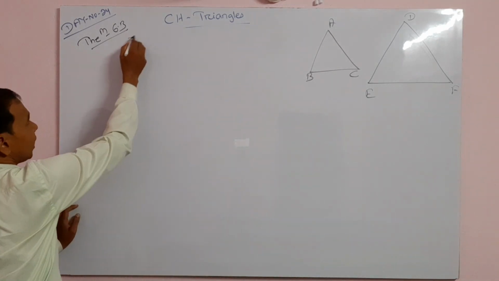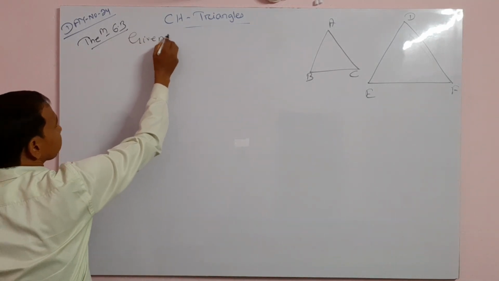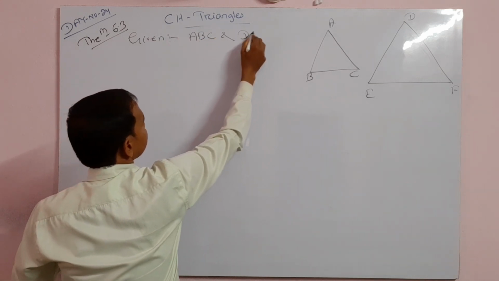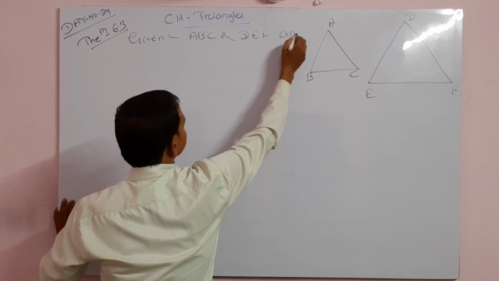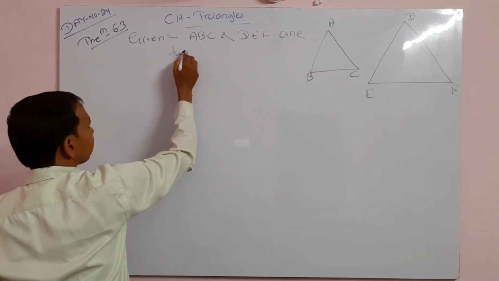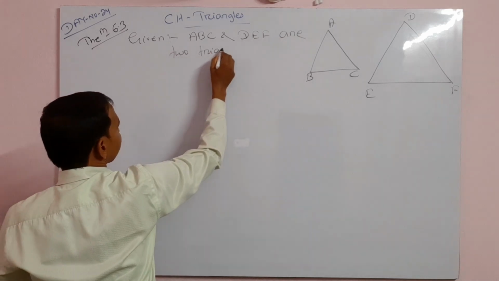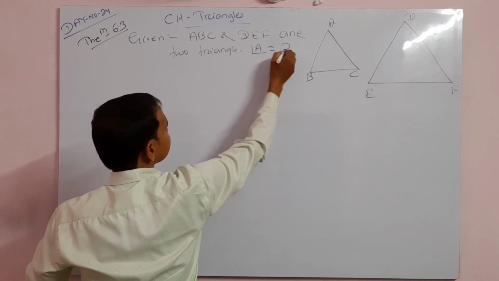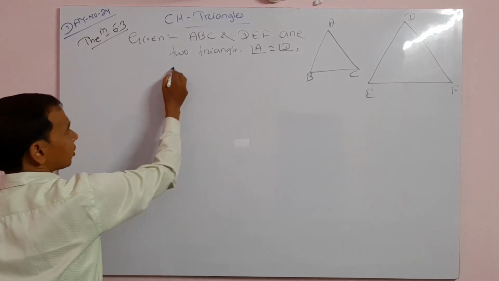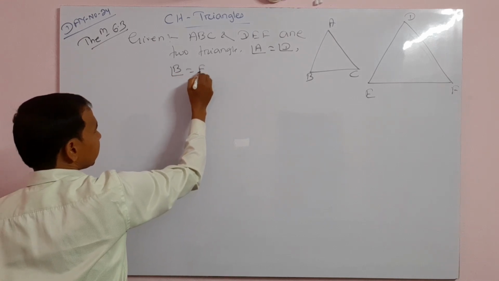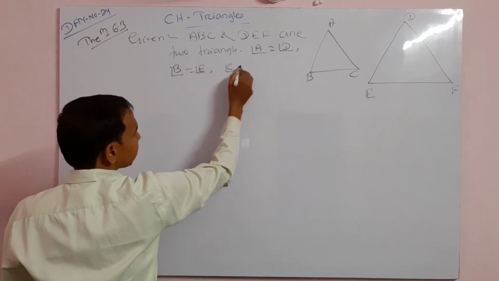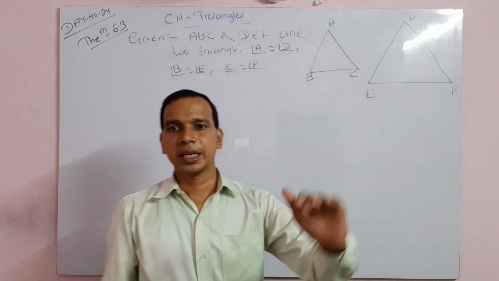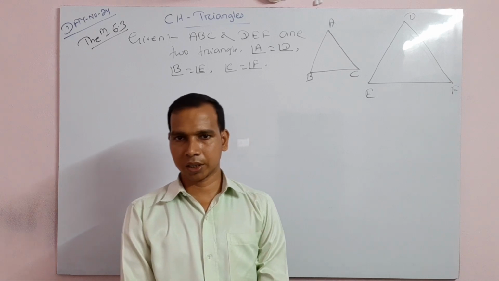So first write here given: ABC and DEF are two triangles. A angle is equal with D angle, B angle is equal with E angle, C angle is equal with F angle. Respective angles are equal here.